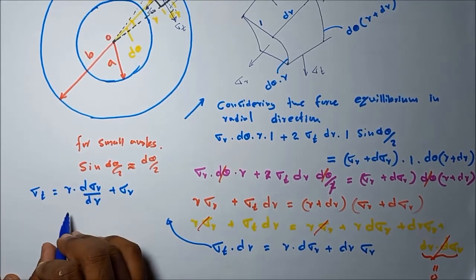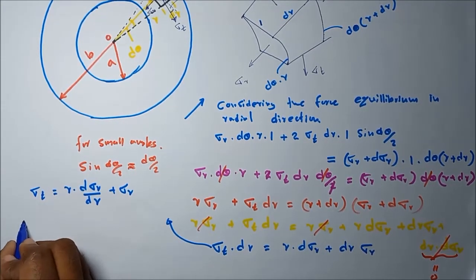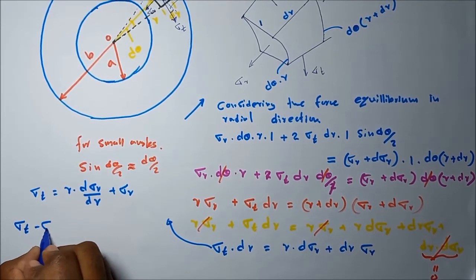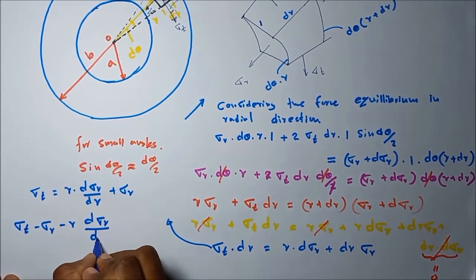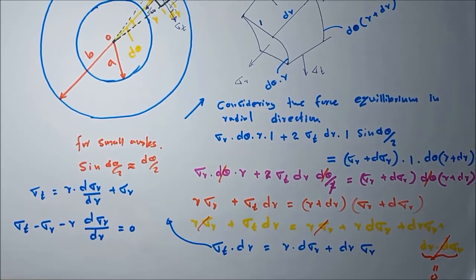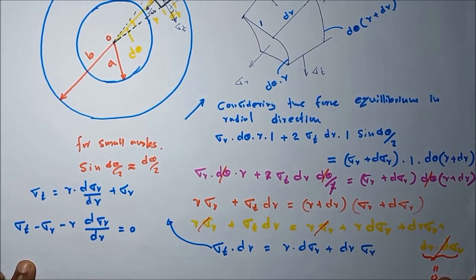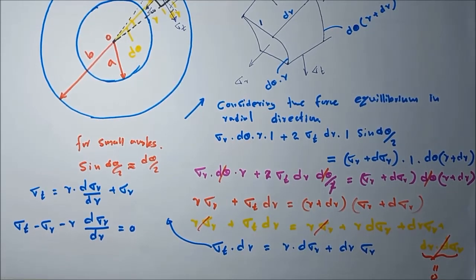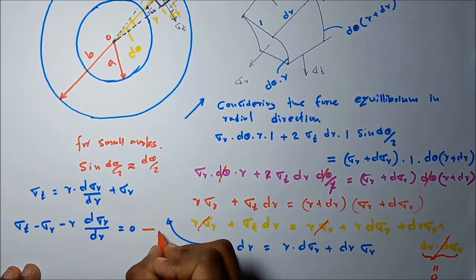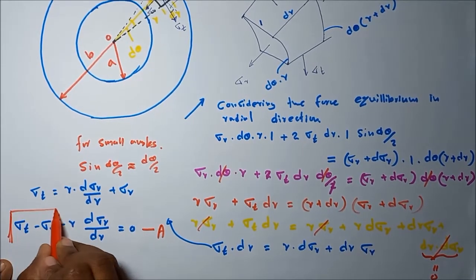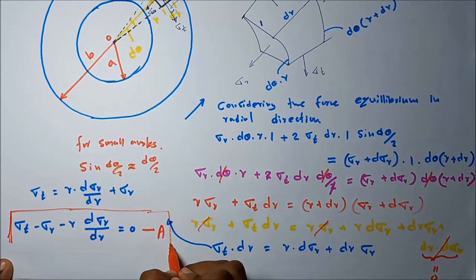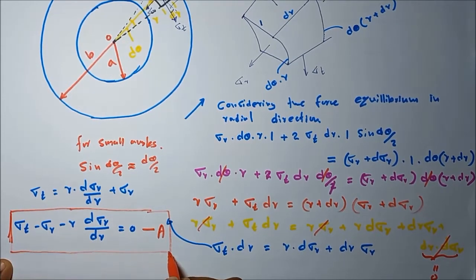Then by taking this to one side, sigma t minus sigma r minus r d sigma r by dr is equal to 0. I think you all got a clear idea how to obtain this equation. Let's mark this equation as equation A.